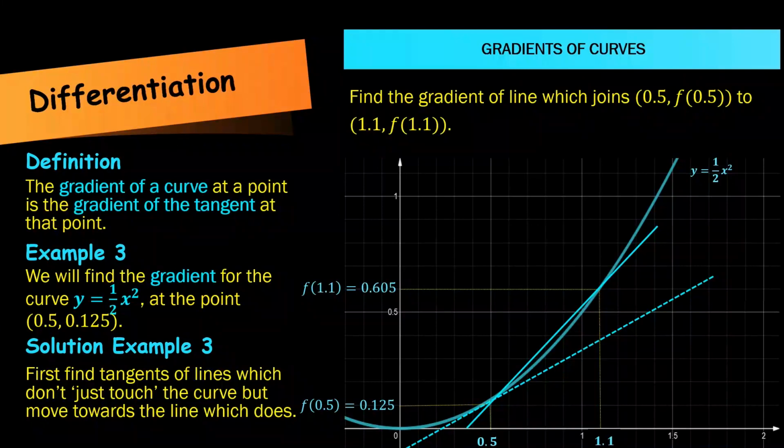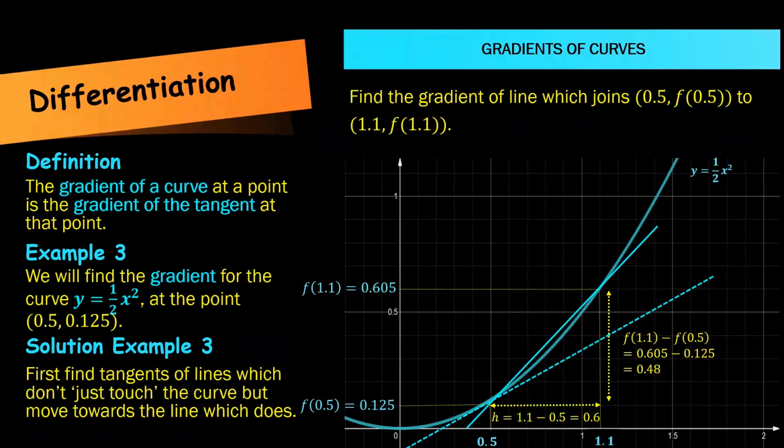So at 0.5, function of 0.5 and 1.1, function of 1.1. So the gradient is going to be change in y, as highlighted with the blue arrow, which is equal to 0.48, divided by change in x, which is 1.1 minus 0.5.